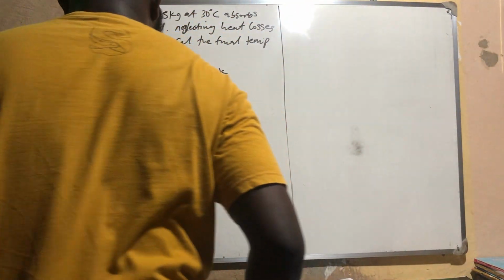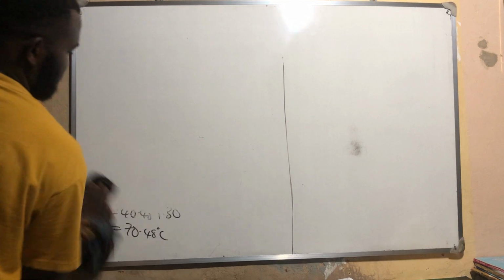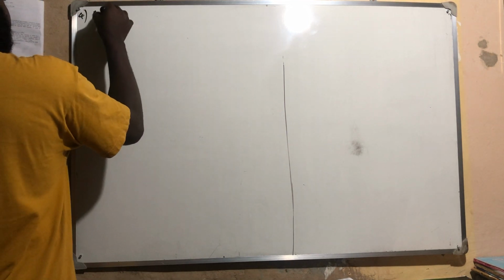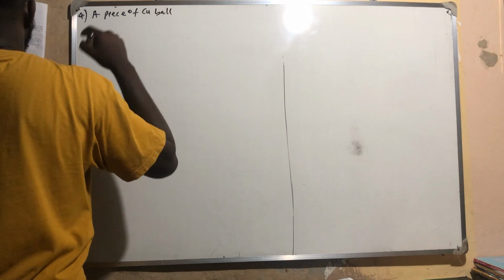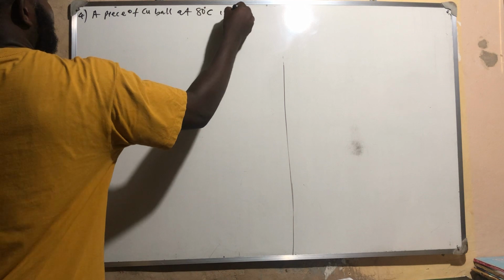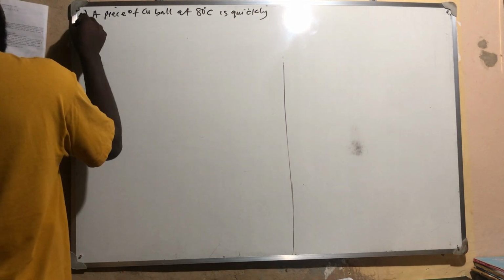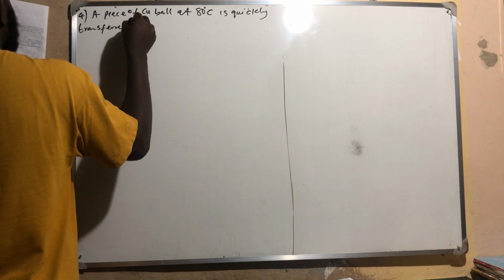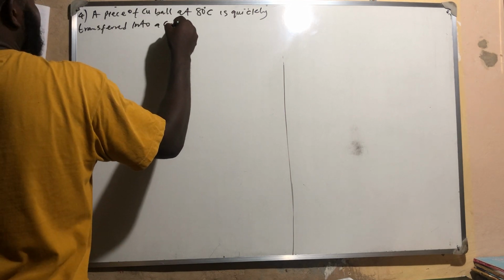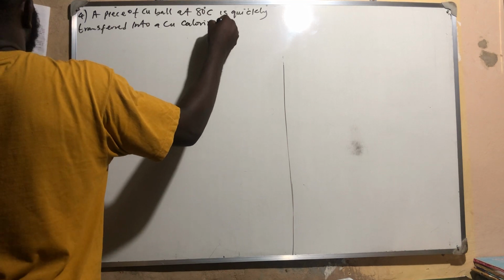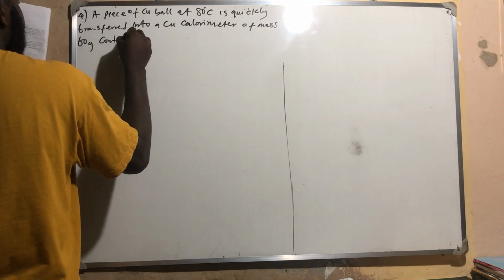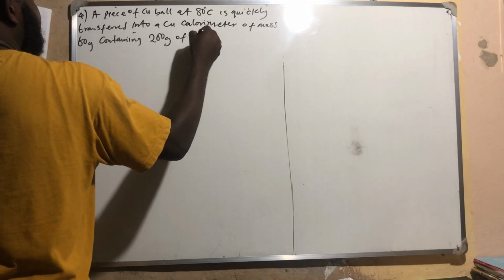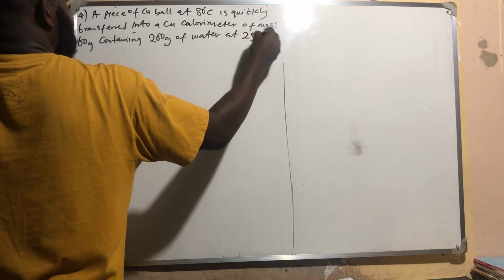Question number 4 said a piece of copper, Cu, a copper ball at 80 degrees Celsius is quickly transferred into a copper calorimeter of mass 60 gram containing 200 gram of water at 25 degrees Celsius.